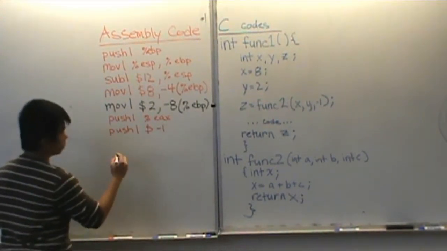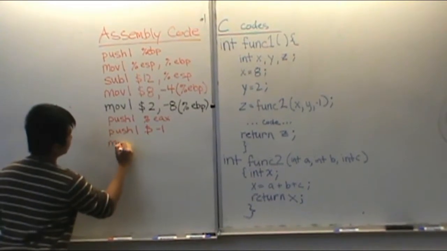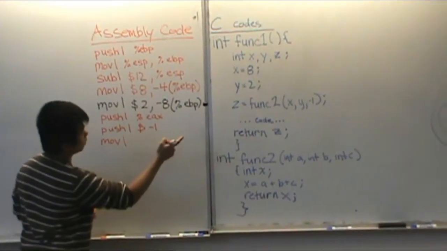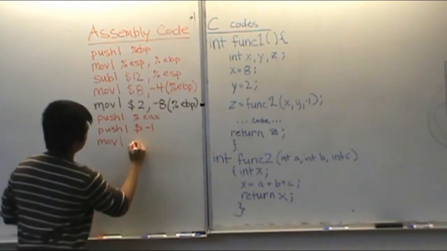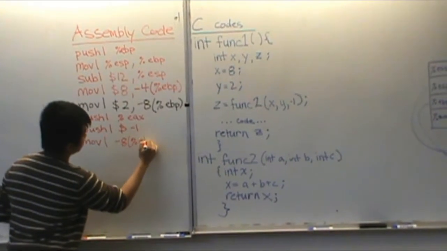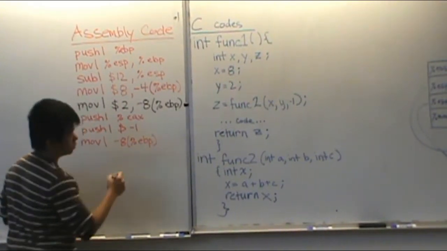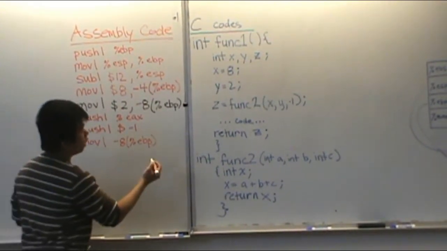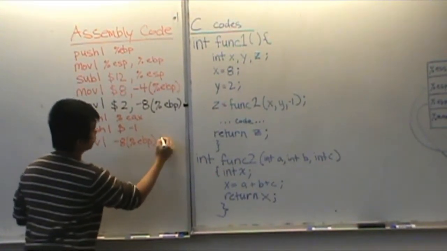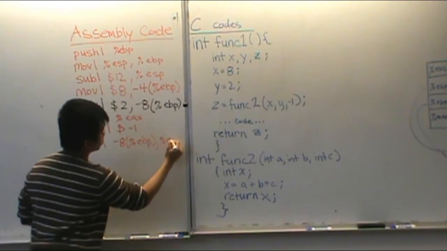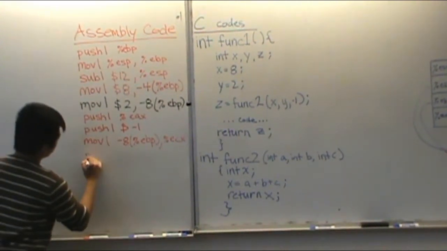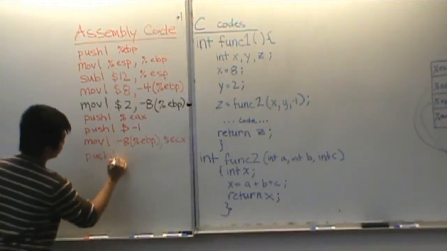So first thing we do is move the y variable, which is -8(%EBP), to a register that we know. For example, I'll be using register C. Then after that, you push register C to save it.